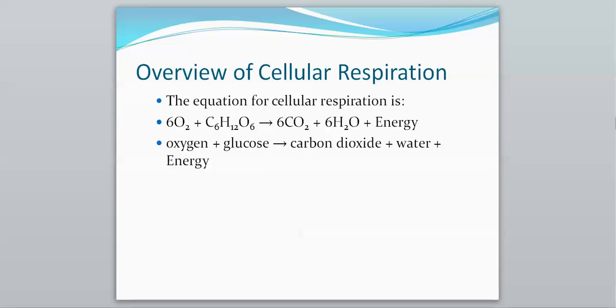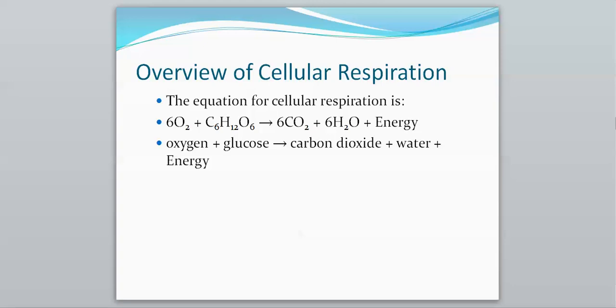The equation for cellular respiration is 6 oxygens plus glucose gives us carbon dioxide plus water and energy. This is the exact opposite of the equation for photosynthesis. Humans take in oxygen and glucose, and we release carbon dioxide, water, and energy.